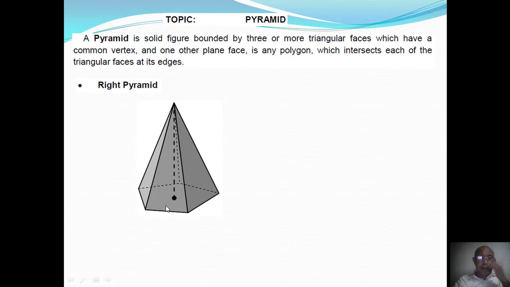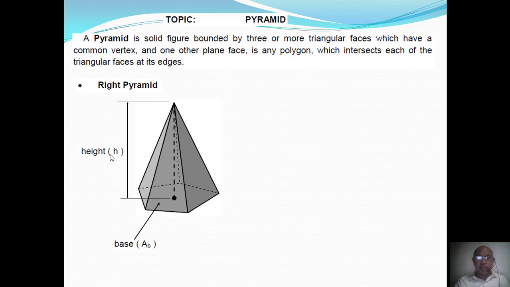Then we have one polygon, any polygon, we call it the base, and it intersects the triangular faces at its edges. Okay, so we have here the distance from the plane of the base to the vertex, the perpendicular distance, we call it the altitude or height h.